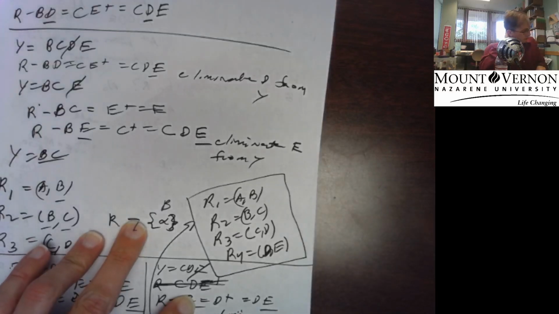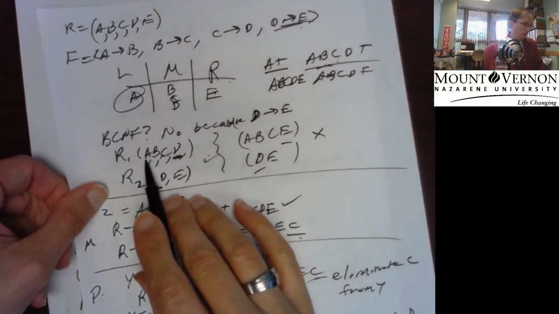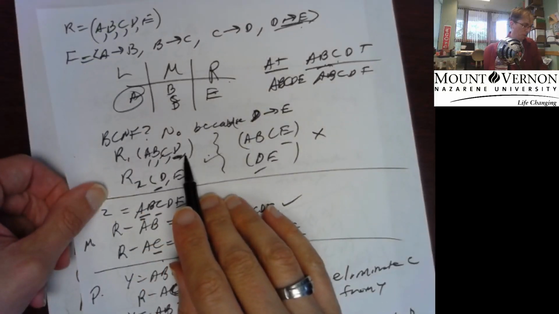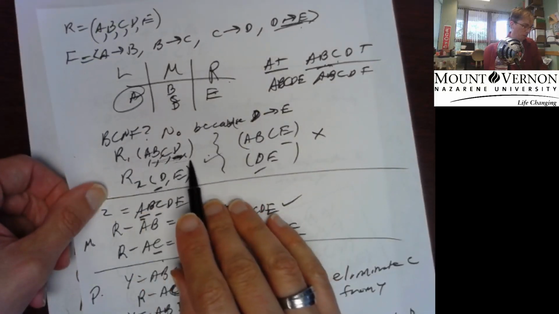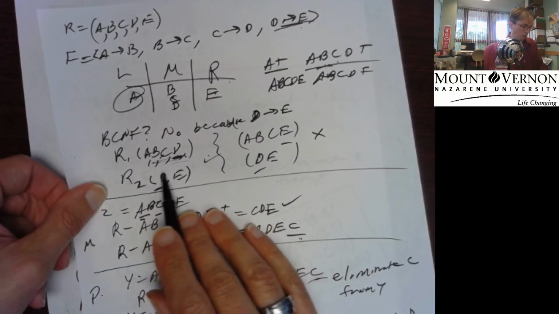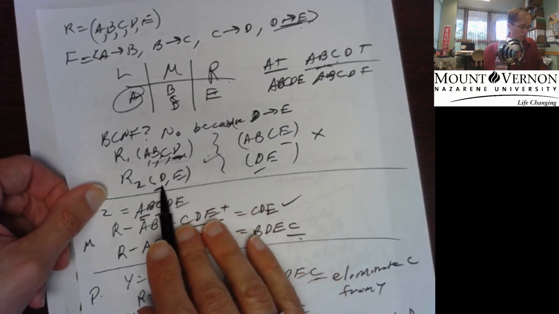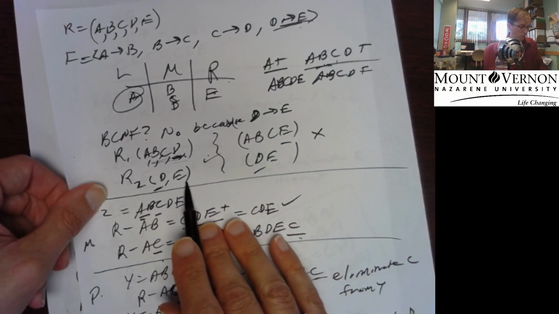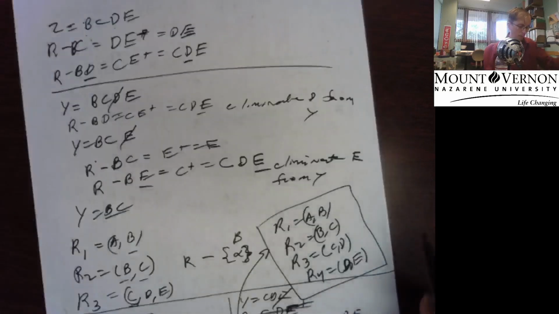I would have said earlier that the R1 and R2 I had before was preserving because your primary key up here was all these four attributes. You could determine everything all at once, each individual row, because all the attributes are the key. And then you had the separate one for D functionally determines E as its own separate thing.